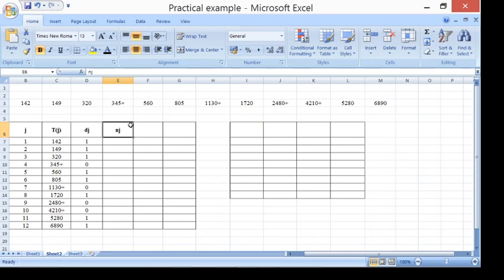So, at time point 142, nj, that is the risk set cardinality, will be the number of components that were working just prior to the time 142. There were 12 components at the start of the system. The first failure has occurred at time point 142.